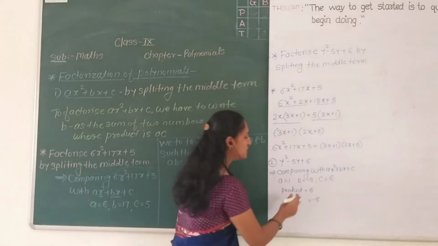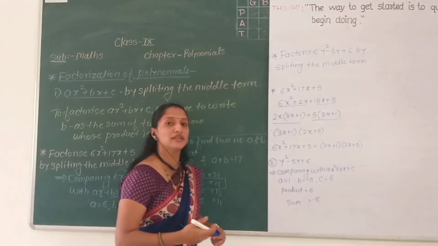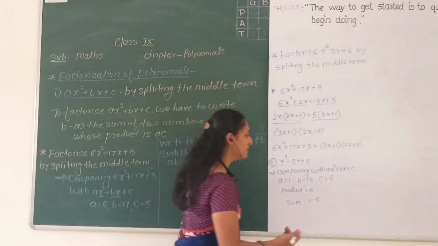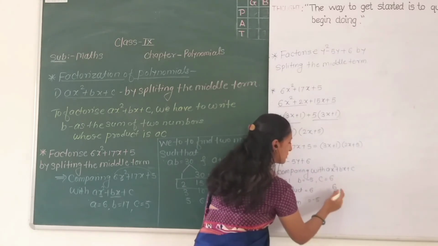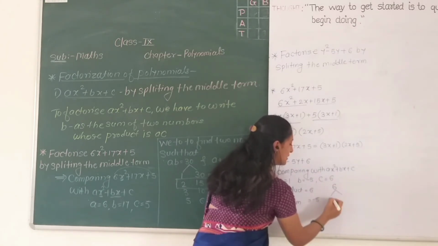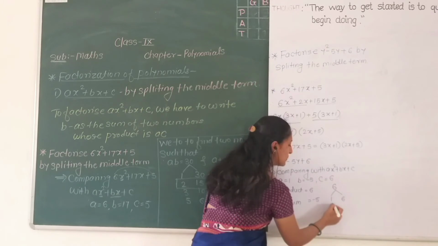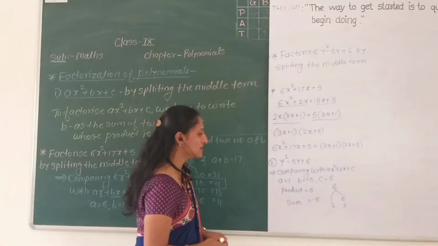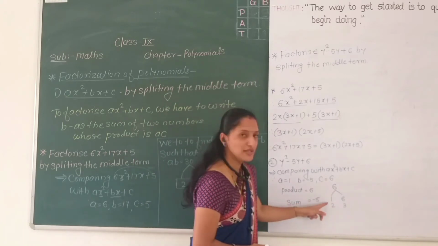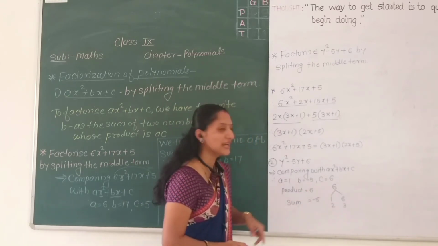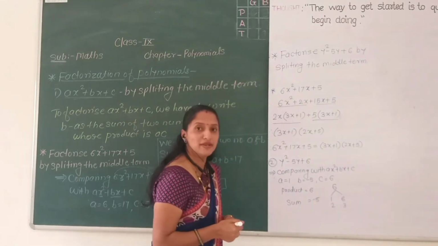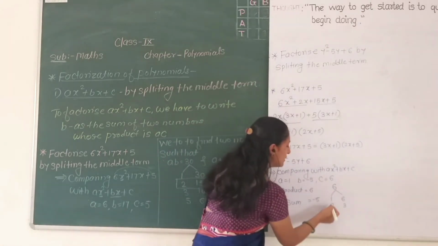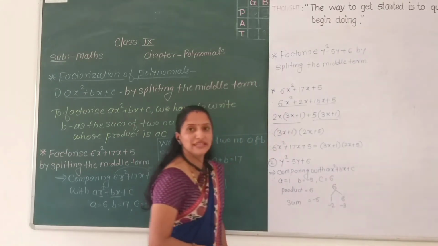So which two numbers give us the product 6? Find such a pair of numbers. Product is 6, so here 1 and 6, 2 and 3. There are only two pairs which give us product 6, but the sum is -5. If the sum is -5, therefore the signs of 2 and 3 are negative.